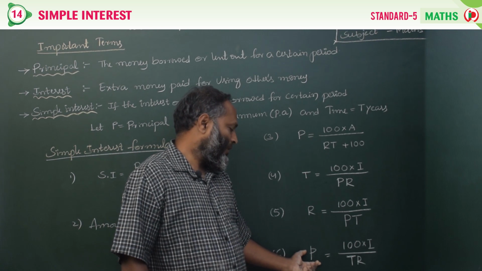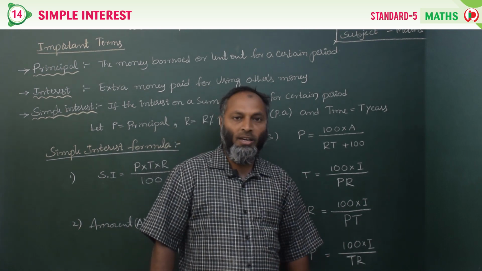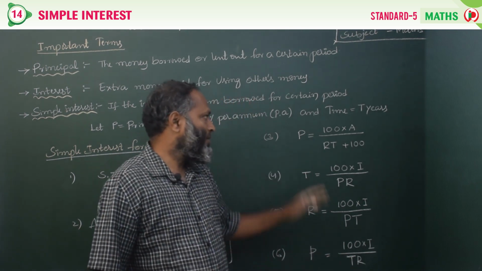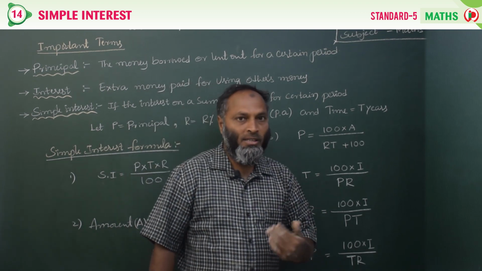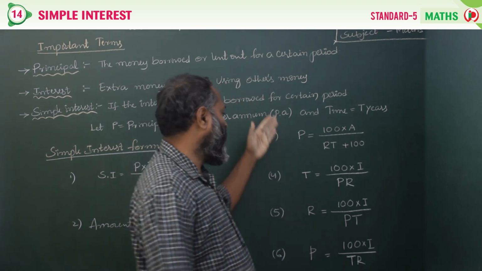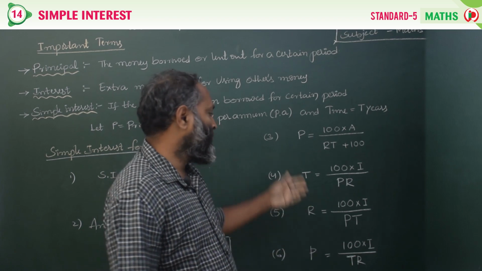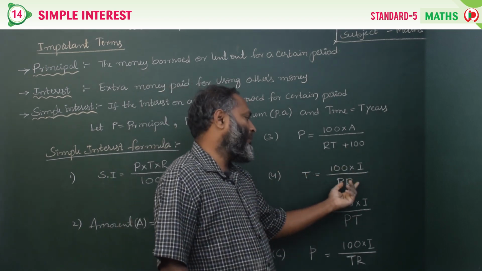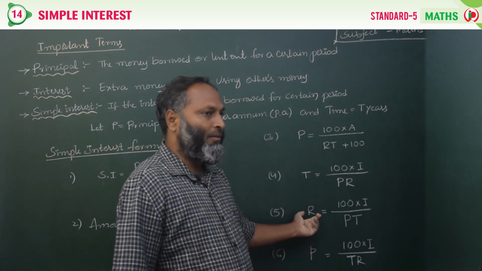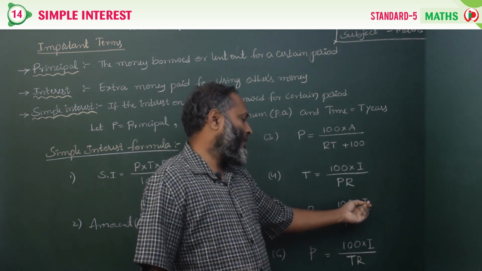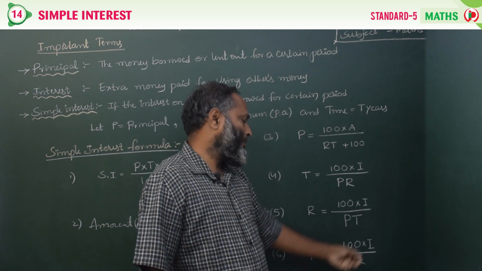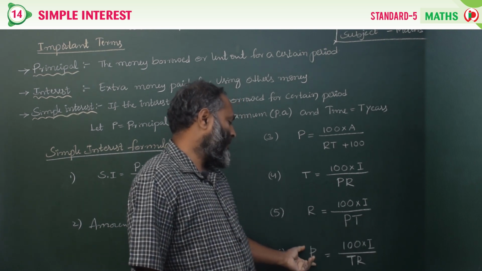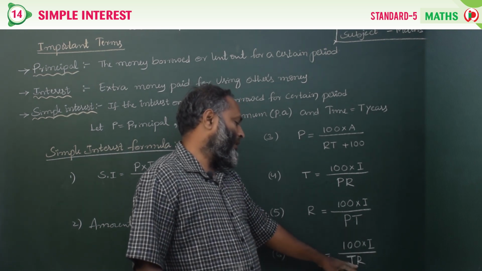If you want to find P, TR you will take. So these are the formulas for finding whichever term is absent; according to that, we should use them. If you want to find time period, 100 into I by PR. If you want to find rate of interest, 100 into interest by principal into time. If you want to find P, then P is equal to 100 I by TR.